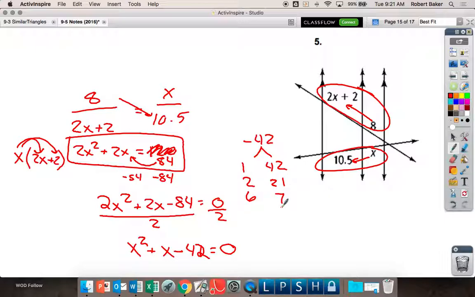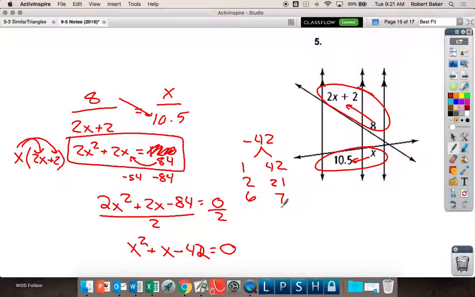Those are all the factors of 42. Is there any way I can find two factors of 42 that could possibly add up to positive 1? They have to multiply and make negative 42, but they have to add together to make positive 1.